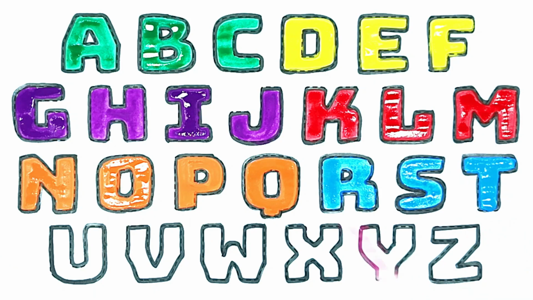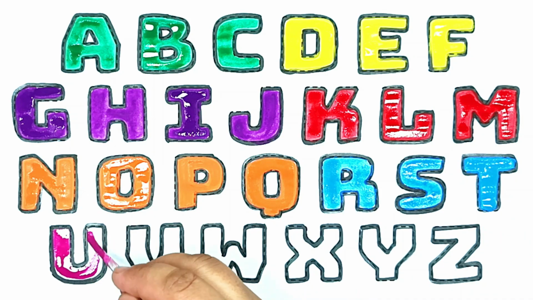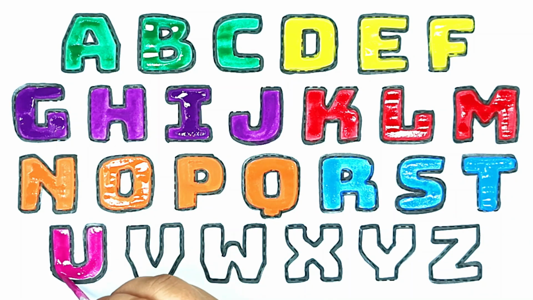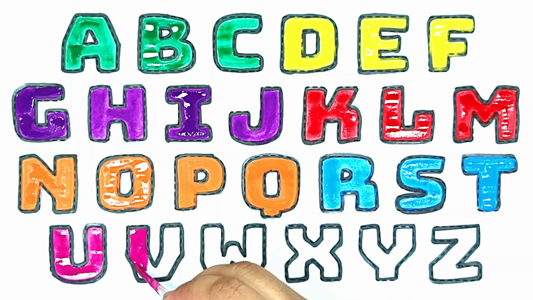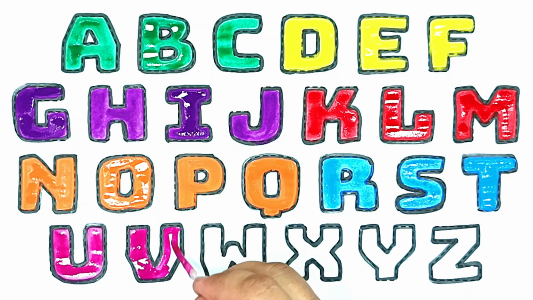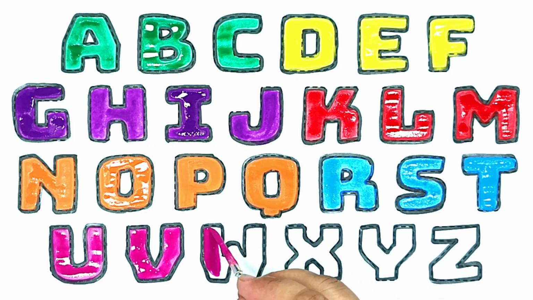T for train. U for umbrella. V for van. W for watch.